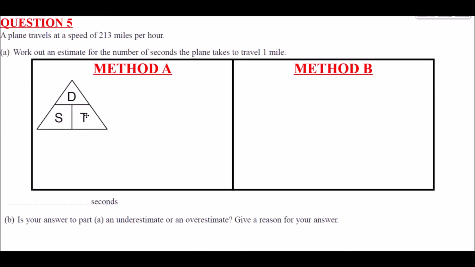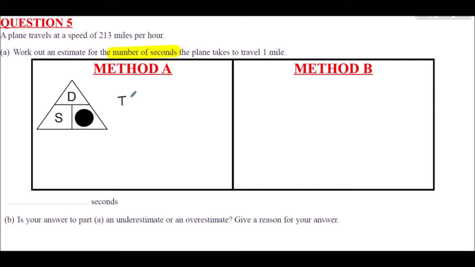So what do we actually need to calculate? So what we've got here is it's asking us for an estimate for the number of seconds. Now, number of seconds, that's a measure of time. So we can use this formula triangle. We cover up what we want to find out. We want to find out time. So we can literally just cover this up, and whatever's left tells us what to do.